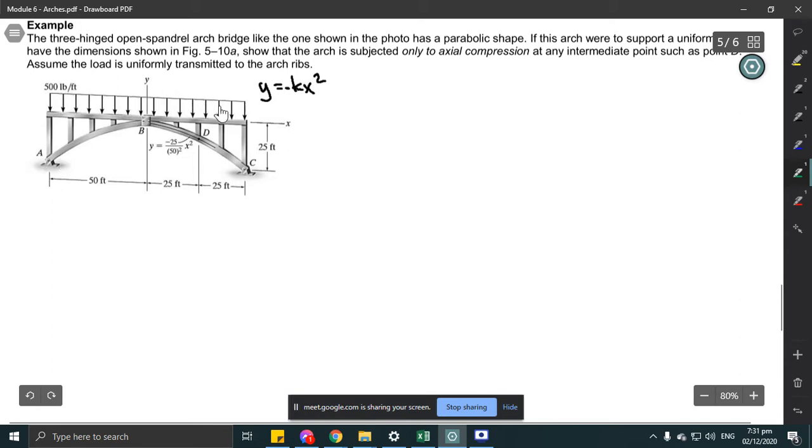So since vertically load yung isusupport niya and downward yung given na load, so yung reaction mo dito will be directed upward. So let's just name this as our AY and this one as our CY. And then, di ba kung maaalala nyo dun sa video, paano natin may assume yung direction ng reaction niya?